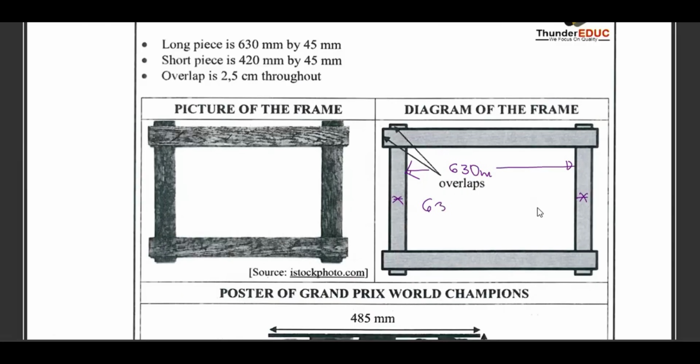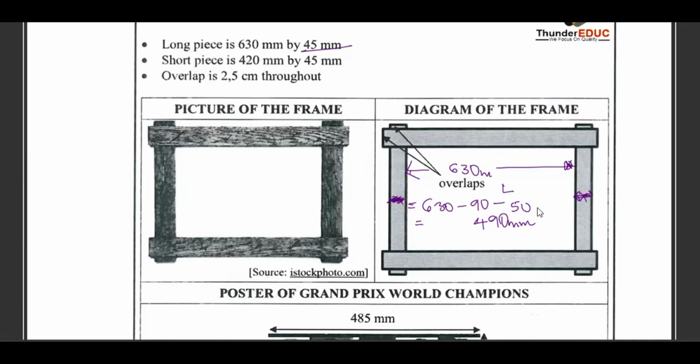Anyway, it will be 630 minus this width here, which is 45, which is 90, minus the overlaps, which are 50 also. So here the answer becomes 490 millimeters. This is the inner length, because we needed to remove this space here, and we add on again the overlaps.